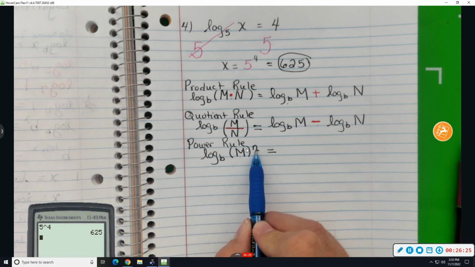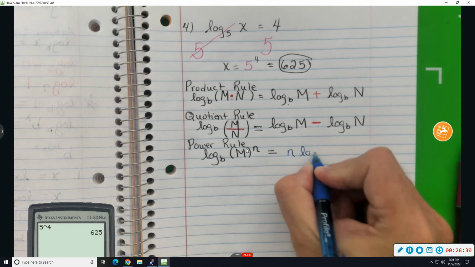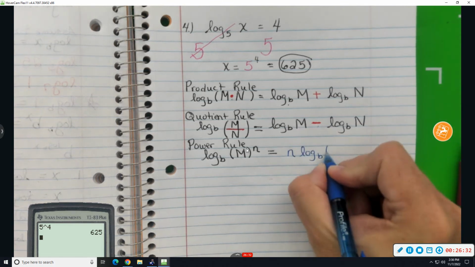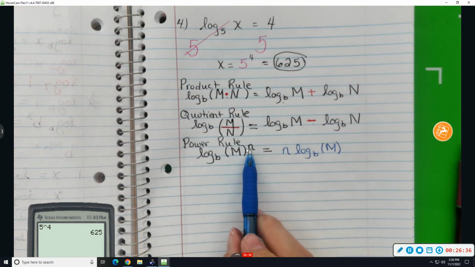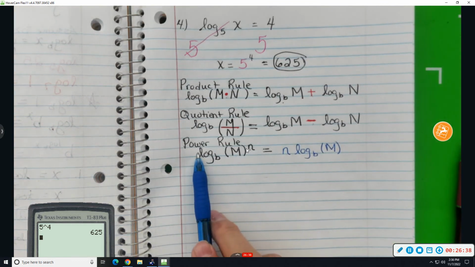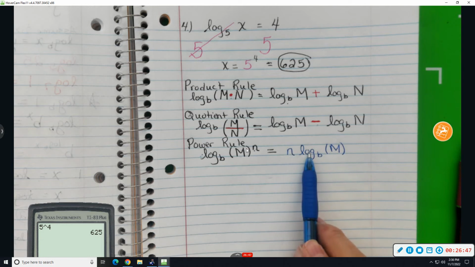If it's at the end, you can carry it down in front of the letter L. So take the exponent, move it right here in front of the letter L, and when you write n log, that's n times logarithm.